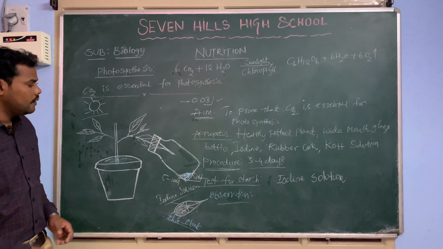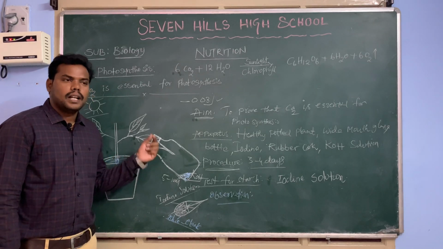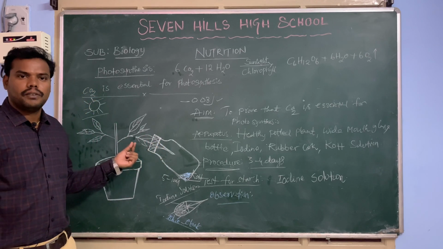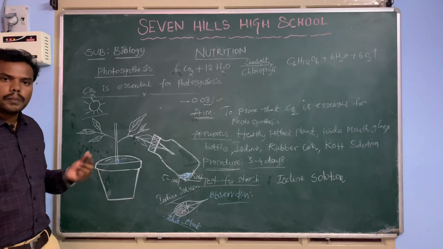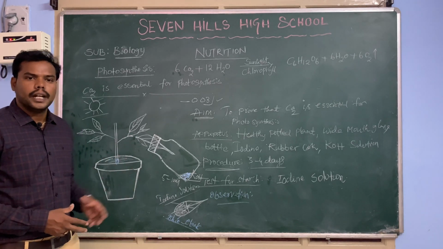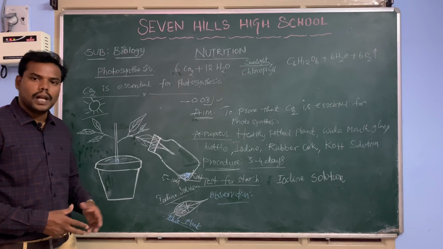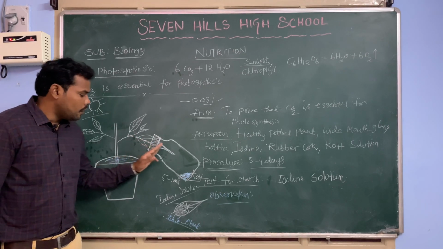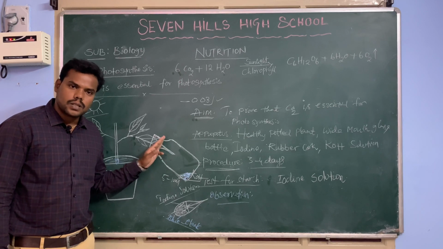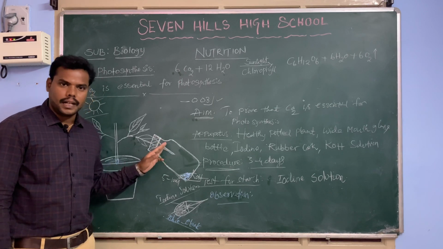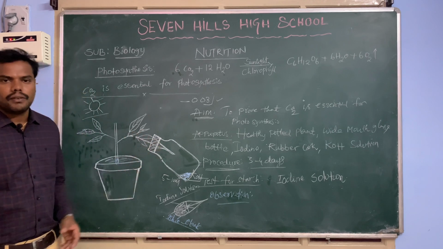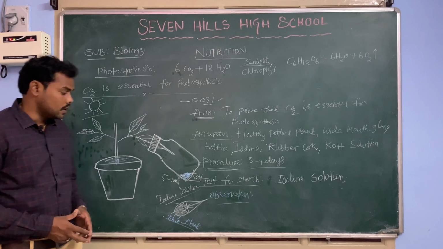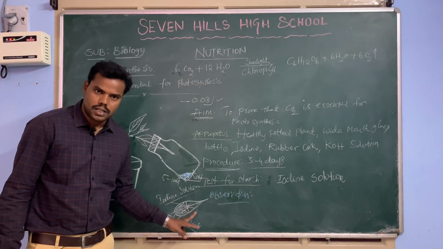Where carbon dioxide is available, photosynthesis is performed by the plant and it prepares starch, so it turns blue-black outside of the bottle. Inside the bottle it remains unchanged because there is no availability of carbon dioxide, so it is unable to perform photosynthesis and unable to prepare starch.